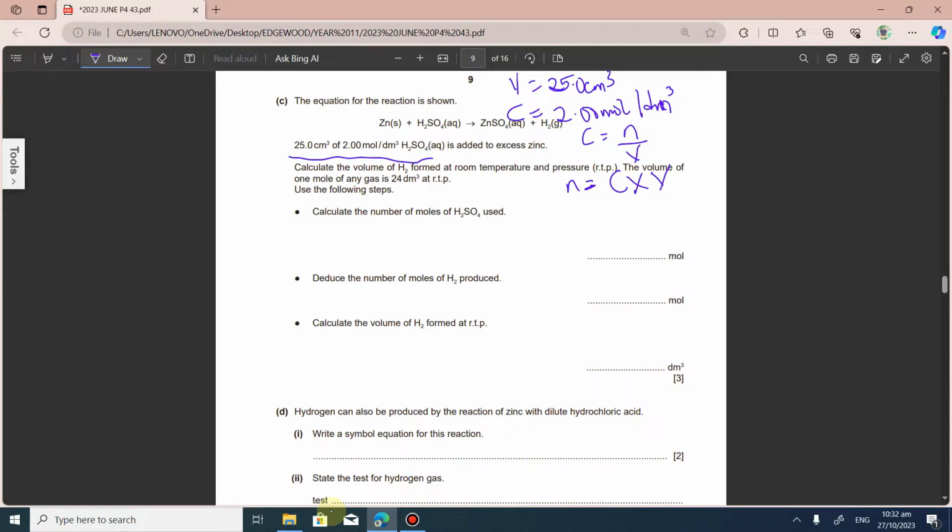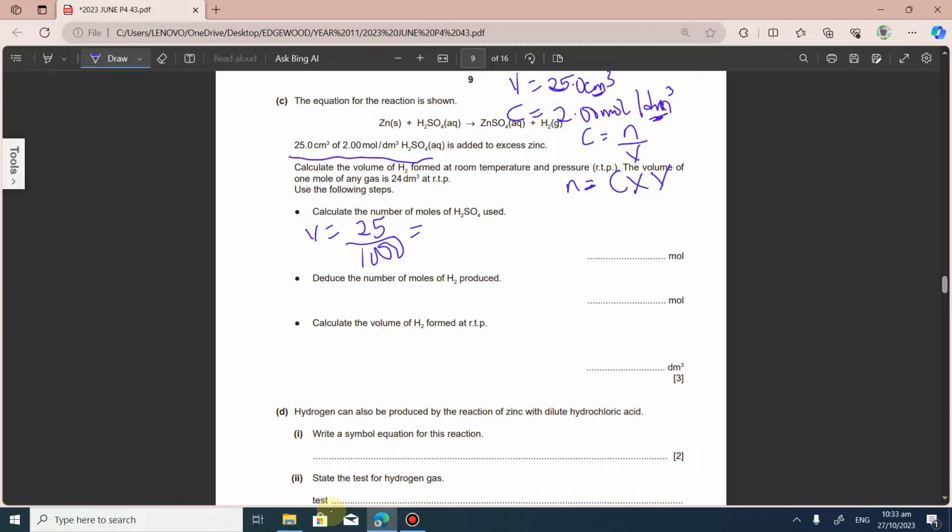But we have to be careful here because the volume is in cm³ and the concentration is in dm³. So it's important that we unify the units. We have to convert the volume to dm³. So V will now be 25 divided by 1000, because we are converting from cm³ to dm³.